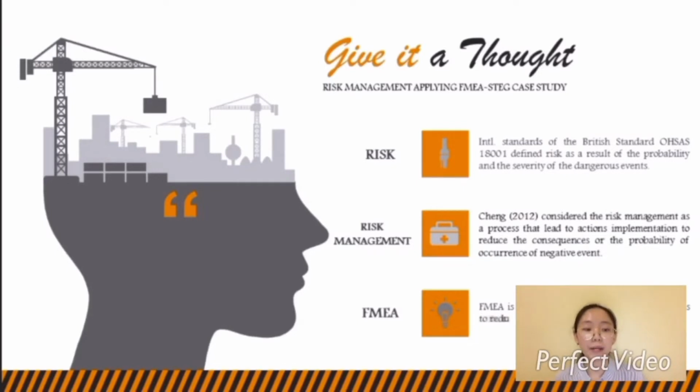Meanwhile, risk management, as an expert called Chung considered, is a process that leads to action or implementation to reduce the occurrence probability of negative events. And the last one, FMEA, which stands for failure mode and effect analysis, is the most widely used method in various industries to reduce risk and control it.